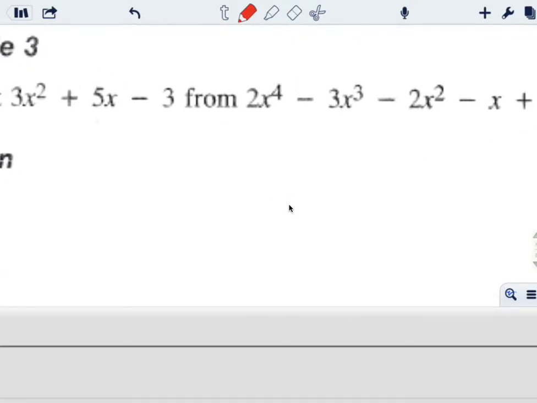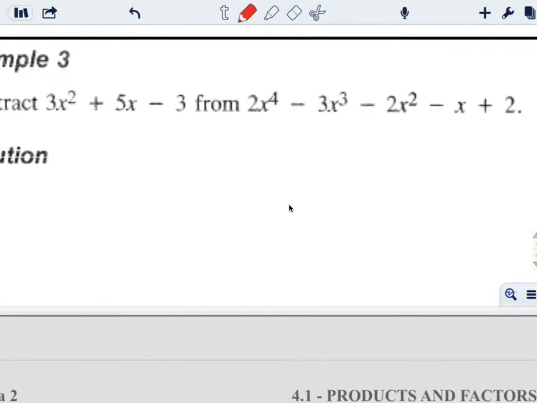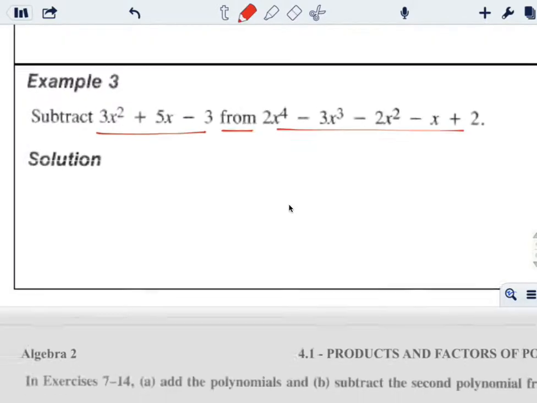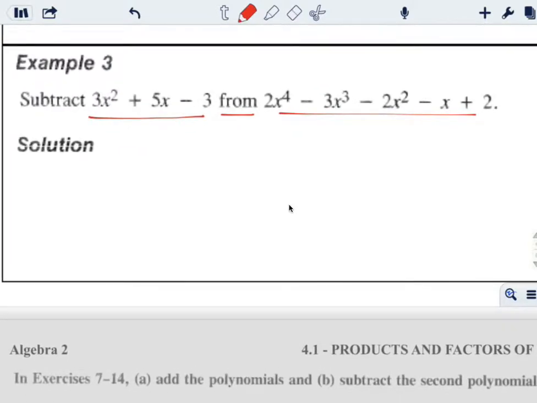We're going to subtract. Notice we're subtracting 3x squared plus 5x minus 3 from this. So if we do it vertically, we have to start with 2x to the 4th minus 3x cubed minus 2x squared minus x plus 2.